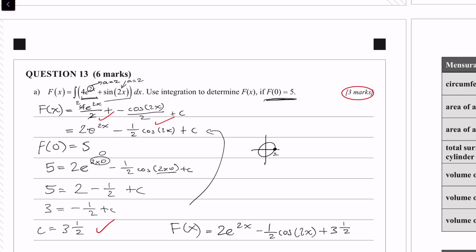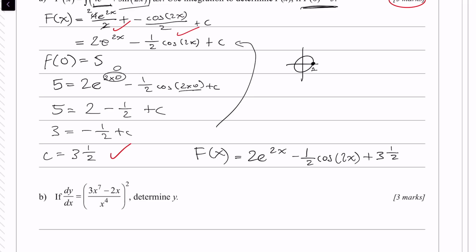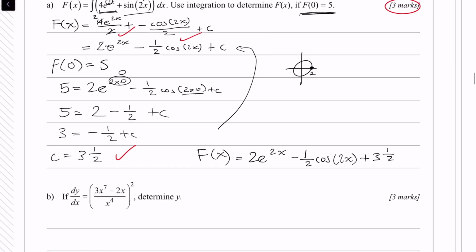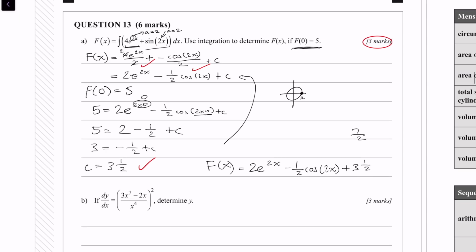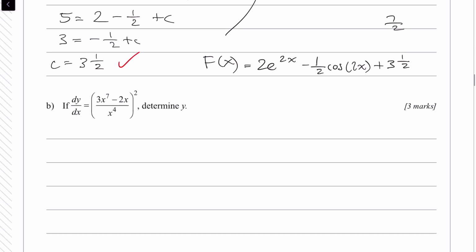I think they might accept 7/2, but if I were in the actual exam, I would put both the mixed fraction and the improper fraction 7/2, just to give both forms and to not risk losing any marks for any form or any basic thing like that.